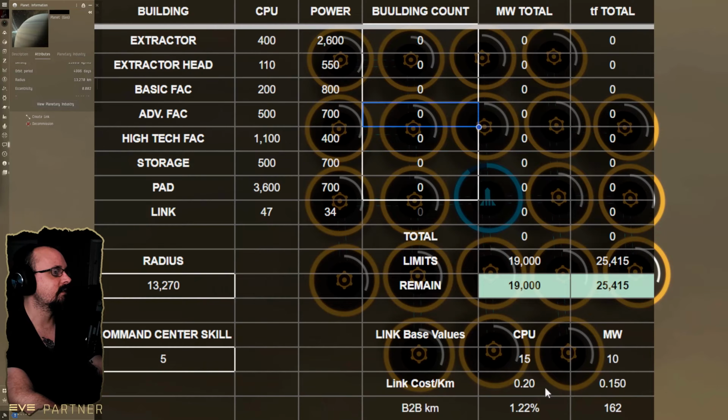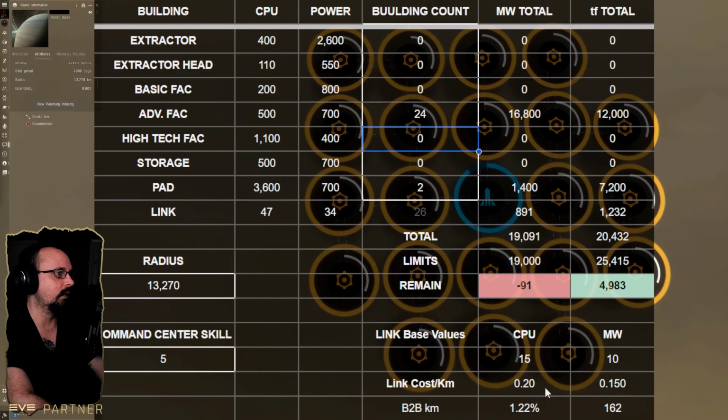So for instance, let's say we want to do a 2 launch pad advanced factory. We go 24. You can start to see if it's possible to do it on a planet type. You can see it's not possible to do it on a gas planet, right?